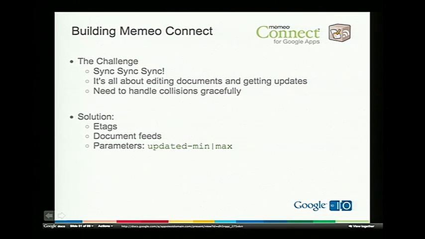A lot of the solutions that we used are really pretty straight out of the box as far as the API is concerned. E-tags. So e-tags are like a little string that's attached to a document, and that e-tag will change. It'll cycle, do its thing, change every time there's a change on the document. So if there's any metadata changes, if there's a title change, if it gets starred, if there's an ACL change, your e-tag will always change.